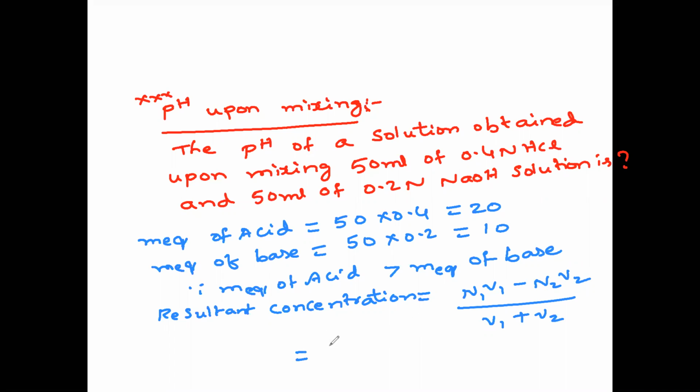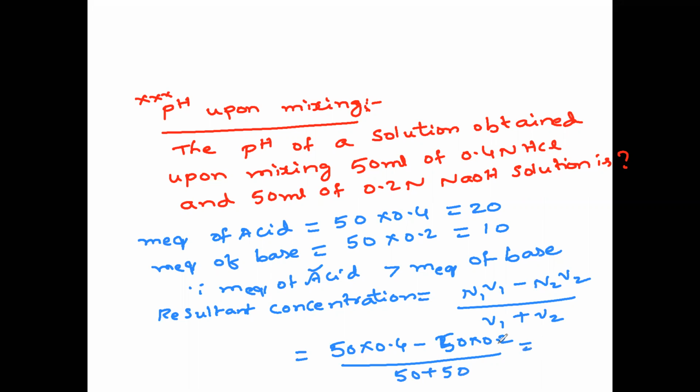For N1 we should take the highest value. So acid is highest; N1 should be taken for acid and N2 for base. So 50 into 0.4 minus 50 into 0.2, by 50 plus 50.